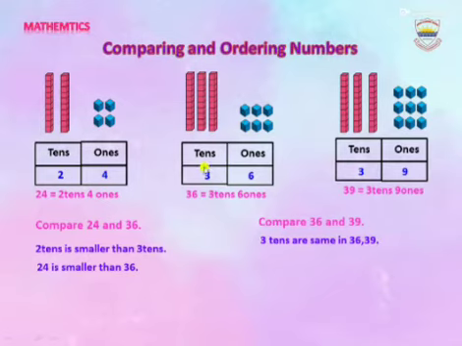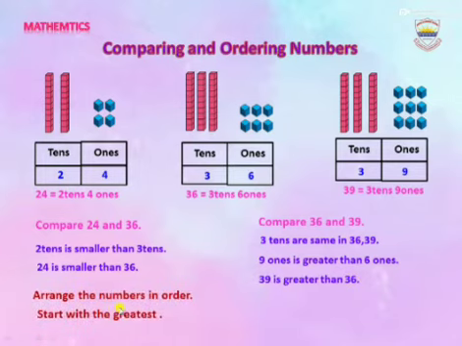What should we compare then? We compare the ones number 6 ones and 9 ones. 9 ones is greater than 6 ones. So we can say 39 is greater than 36.